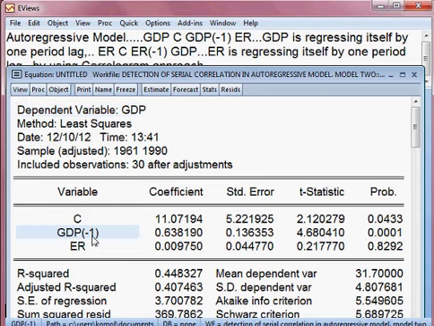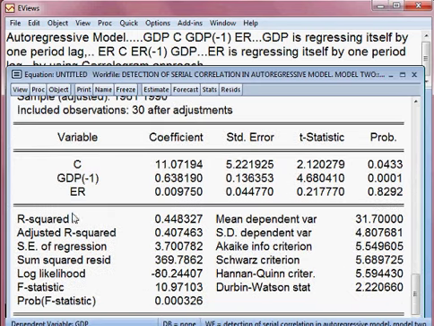That means GDP lag 1 and ER, these two variables are jointly significant to explain our dependent variable, which is GDP. Okay, here although the R squared is small, we can accept the model because the F statistic is significant.